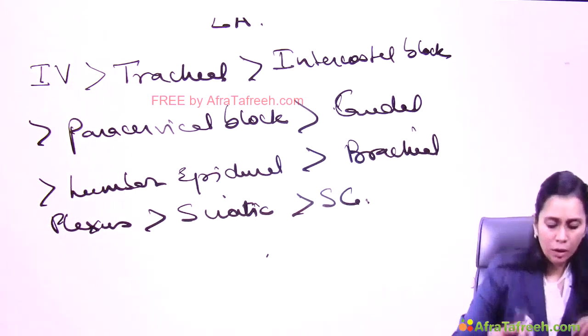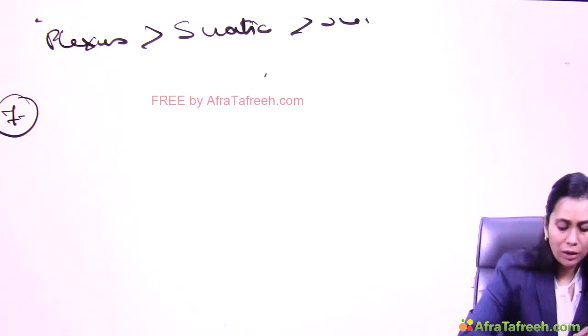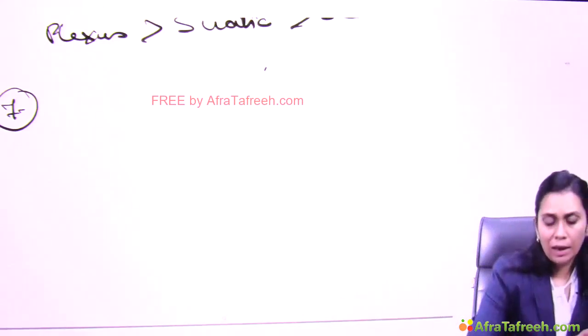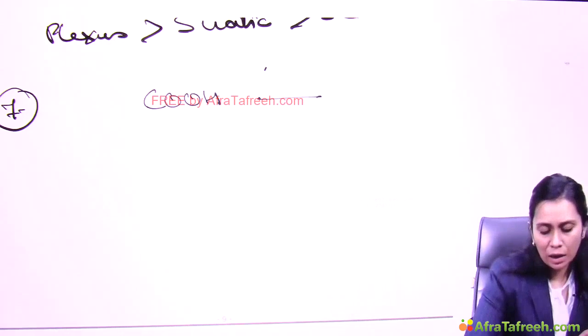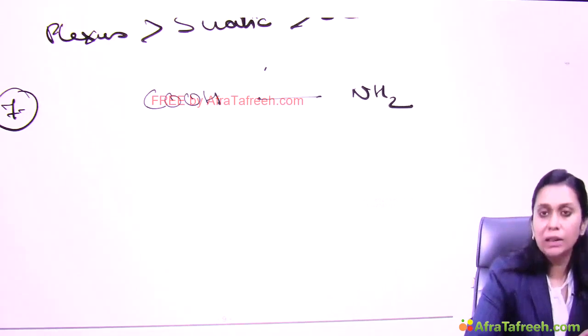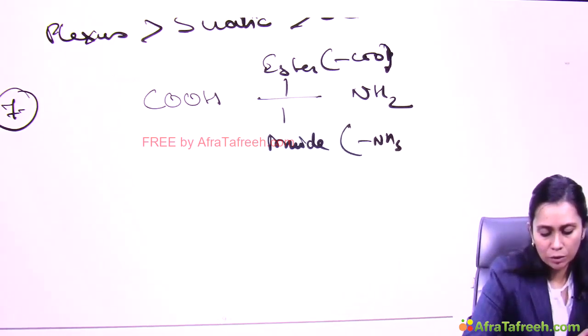Okay. Now coming to the 7th point of local anesthetics. Local anesthetic has an aromatic group and an amino group attached to each other either by an ester bond or by an amide bond. Got it?